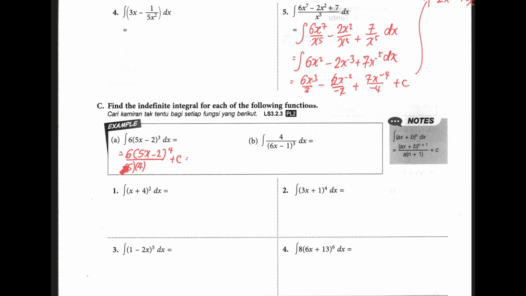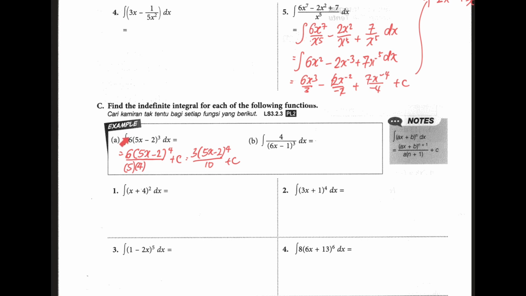And then 6 over 20 is 3 over 10. Yeah, so this is how we handle it.